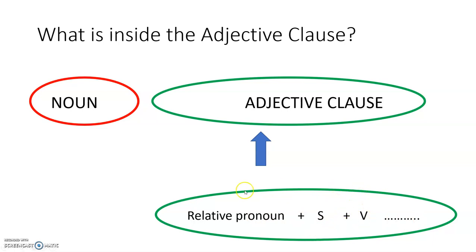Now, a couple tricky things that we'll have to talk about in video 2. Sometimes the relative pronoun is not there. That's confusing. And sometimes the relative pronoun and the subject are the same word. That's also confusing. Those are things I'll try to explain in video 2.